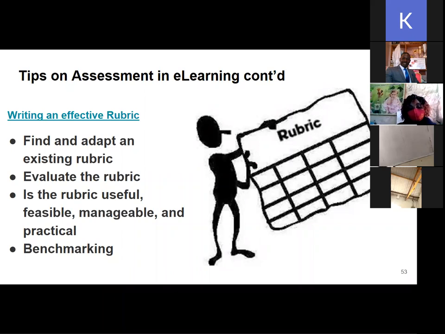And then focus your descriptions on the presence of the quantity and quality that you expect rather than on the absence of them. However, at the lowest level, it will be appropriate to state that an element is lacking or absent. Yeah, for example, in the previous example we looked at, a student who does not submit maybe a presentation, that is the lowest level, which means he gets a 1.